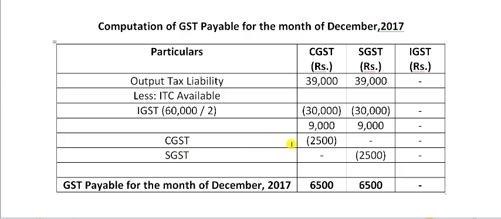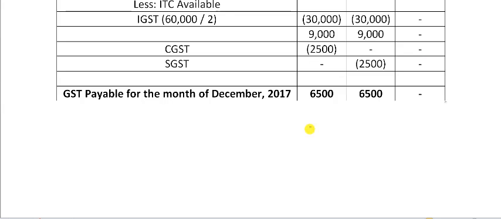Then under CGST we claimed 2,500 from output tax liability of CGST, and SGST ITC available was 2,500. We claimed that from output tax liability of SGST. So 9,000 minus 2,500, 6,500. Thank you.